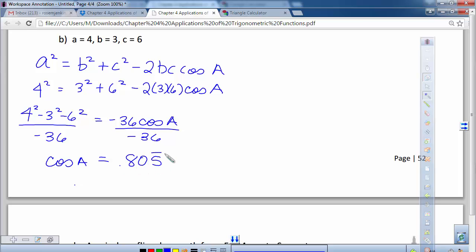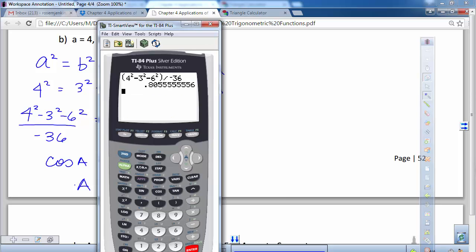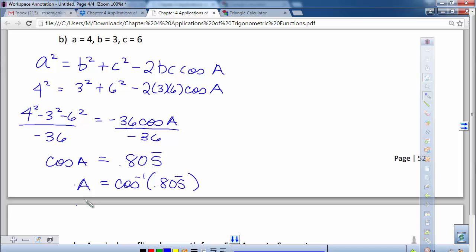All right. I need to know what A is, so I'm going to do cosine inverse. And so we get 36.3 for angle A. So I'm going to store alpha A, 36.3 degrees approximately.